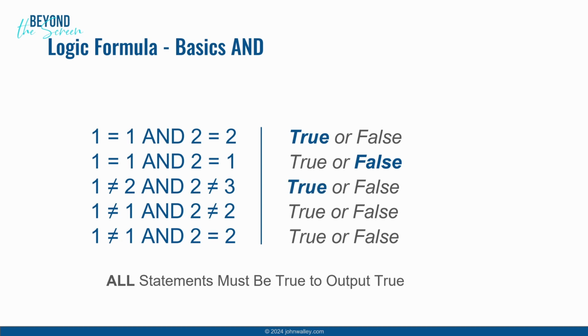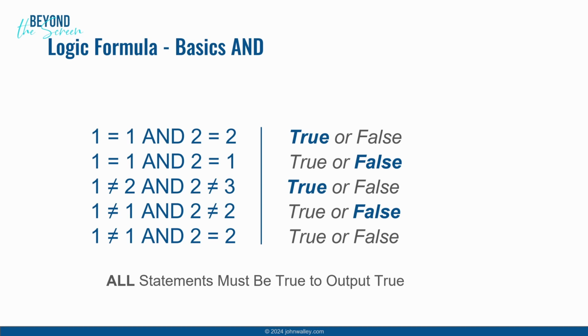Our next one, we have 1 is not equal to 1 and 2 is not equal to 2. In this scenario, we know both statements are false because 1 is equal to 1 and 2 is equal to 2. Then finally, we have 1 is not equal to 1 and 2 is equal to 2.